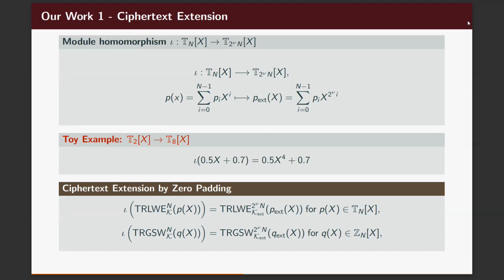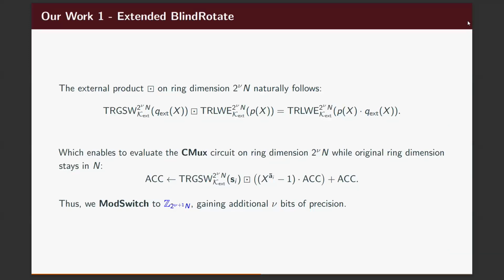So with this 0 padding, we extend the ring LWE and the ring GSW ciphertext into a larger dimension, 2 to the power of nu times n. So we use the notation sub x to denote that these polynomials are extended by 0 padding. The nice thing about this 0 padding is that the external product naturally follows to the ring dimension of 2 to the power of nu times n.